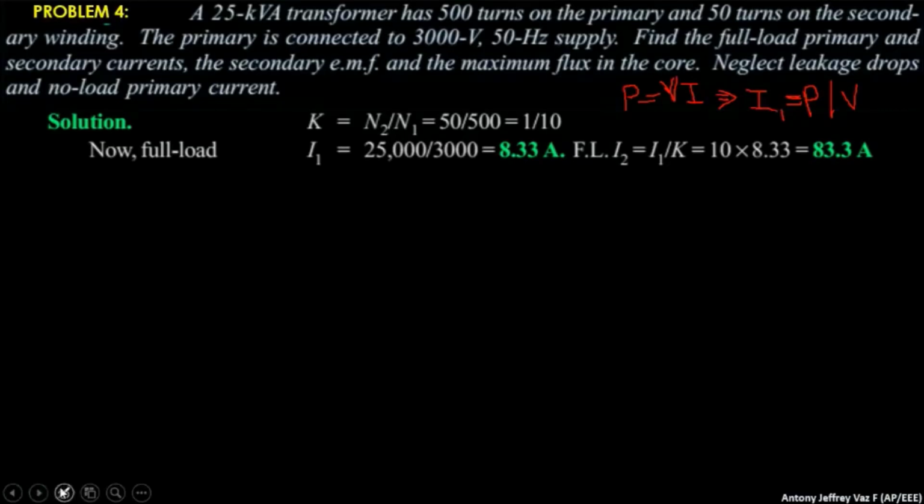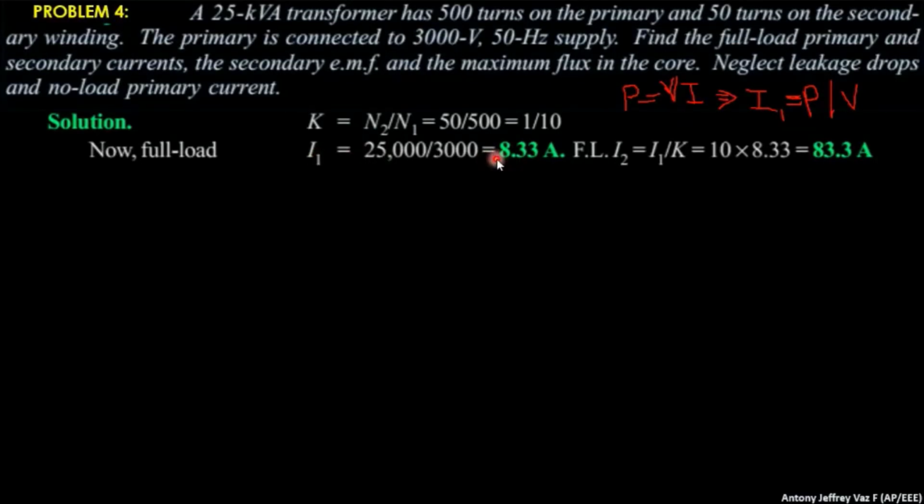Here the power is 25 kVA, so 25,000, and the voltage across the primary is given, 3000 volt. So 25,000 divided by 3000 gives you 8.33 ampere, which is nothing but I1, the total current in the primary.